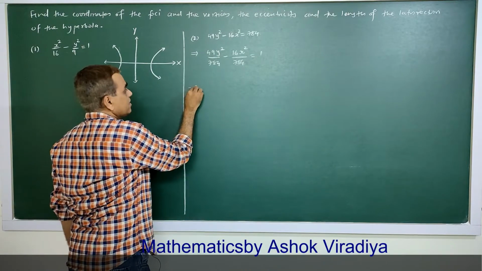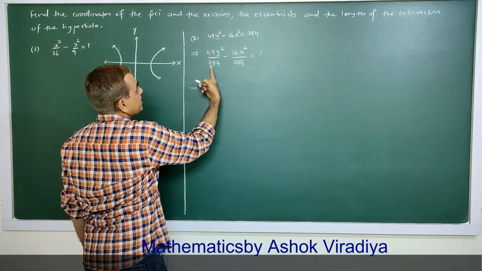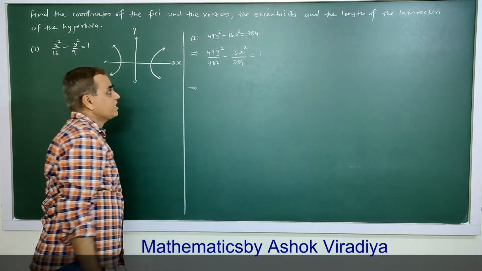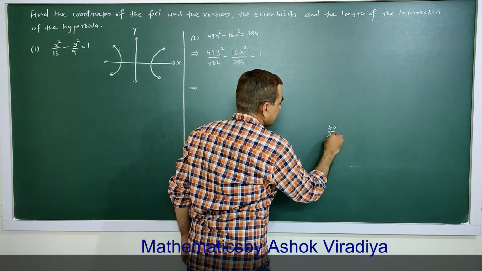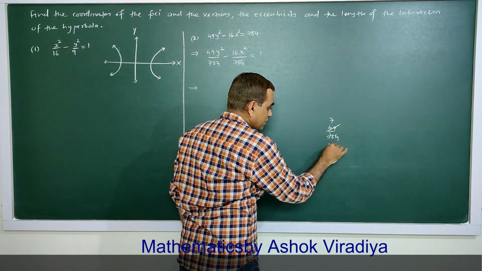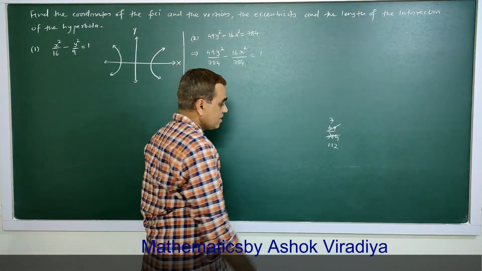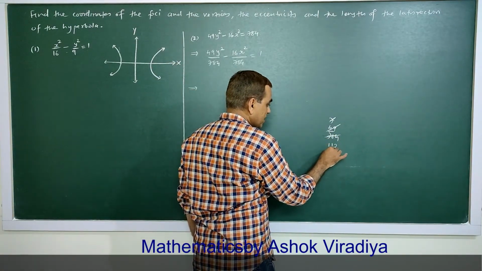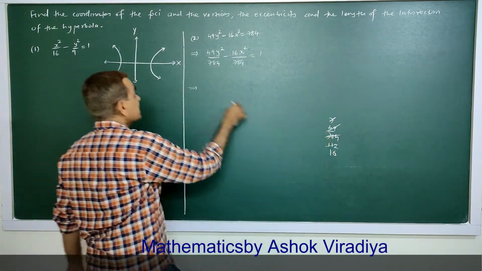Now simplifying this, 784 divided by 49: 7 into 7 is 49, 112 into 7 is 784. So this is 1 by 16.